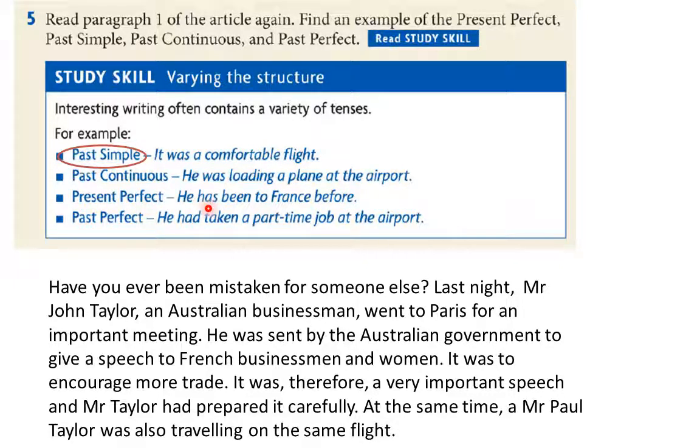When we use has or have, it means present. When it is added to the past participle, it means it is present perfect. Past perfect: He had taken a part-time job at the airport. Had is referring to past. When it is added to the past participle of the verb, it means it is past perfect.